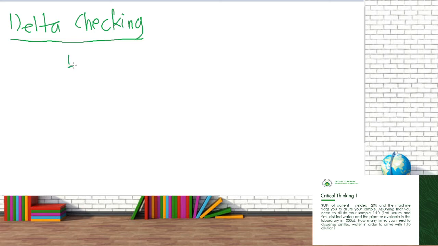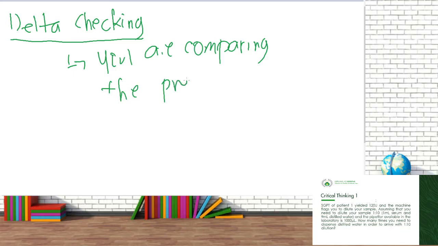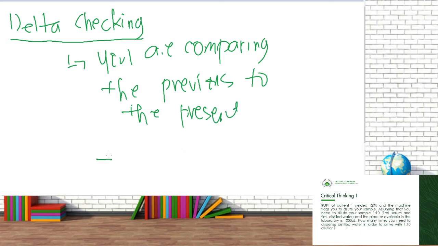And when we said delta checking, again, you are comparing the previous result to the present result. And that is the purpose of what we call laboratory information system.